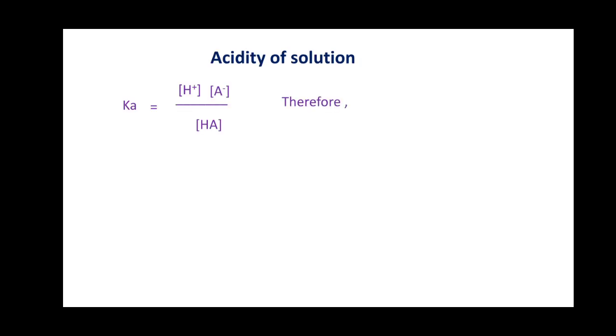So Ka equals [H+][A-] divided by [HA]. Therefore the concentration of H+ ions can be found from the dissociation constant multiplied by the concentration of acid over base.